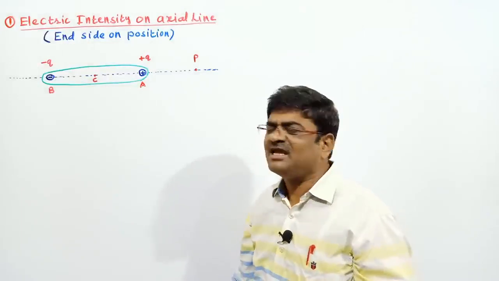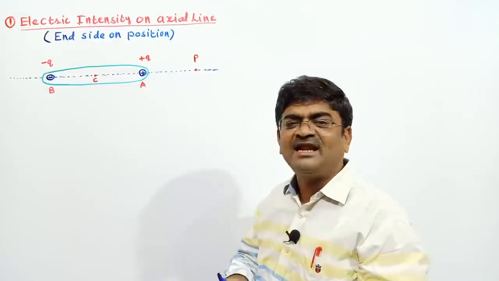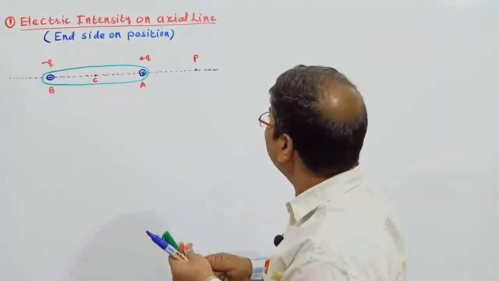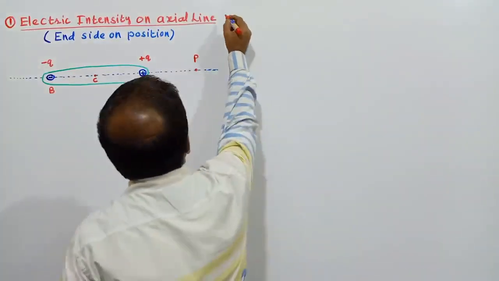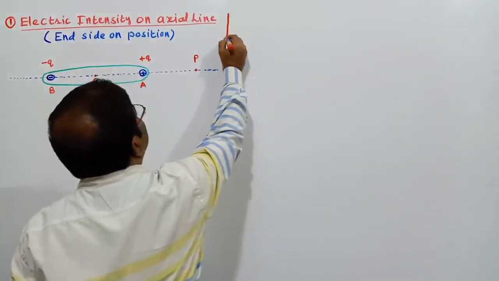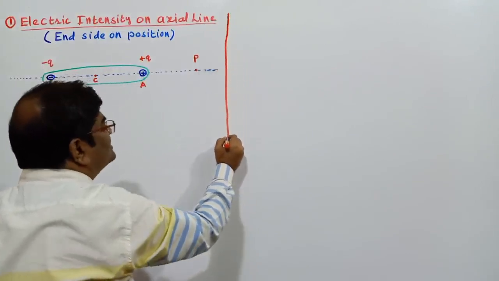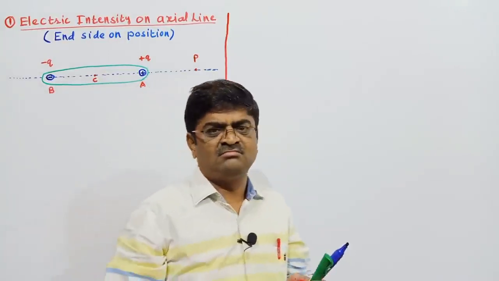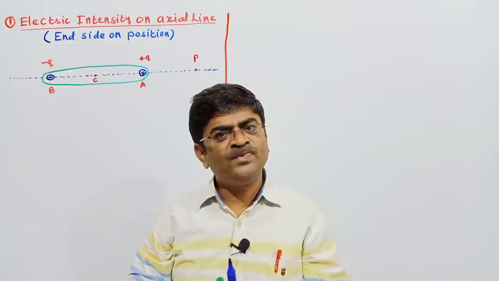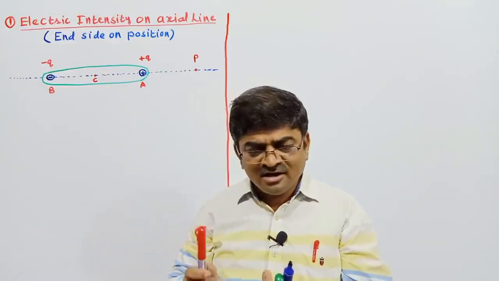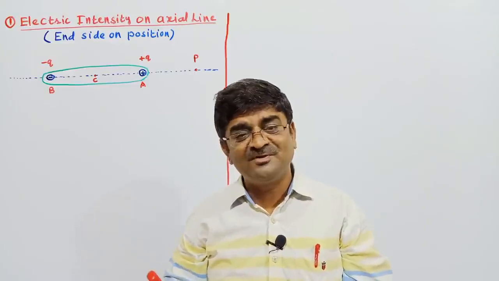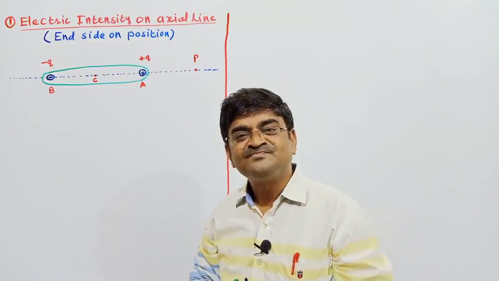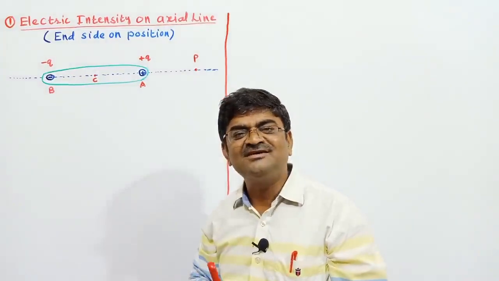Okay. See, working out electric intensity due to a dipole, be it on the axial line or equatorial line, is like solving a simple numerical on intensity. And you know what I mean? Yesterday I told you how to work out intensity due to multiple point charges. I have two point charges here.